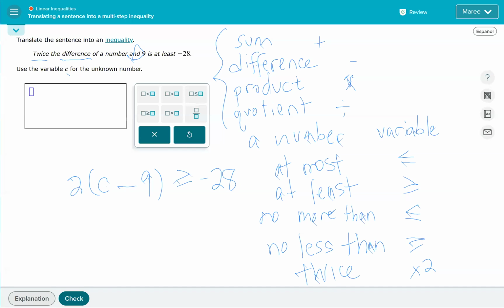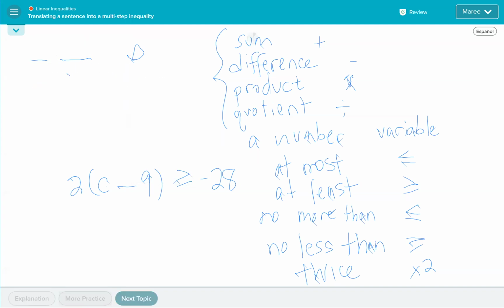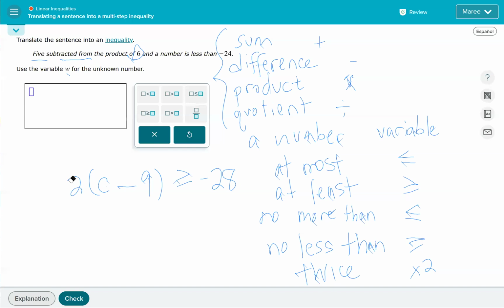So then we can type in 2 and put our parentheses in, C minus 9. It's kind of tricky when you have to have part of it in parentheses, so you have to read it really carefully. There we go. And we'll try one more.